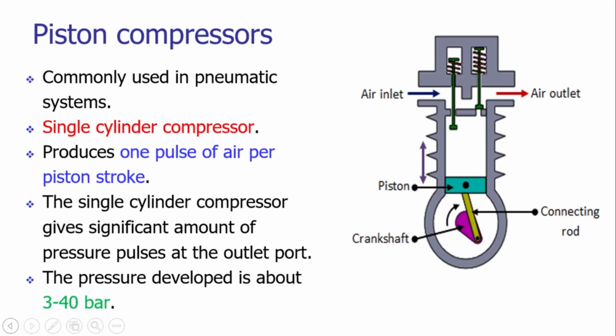Piston compressors are widely used in pneumatic systems. On your screen you can see a single cylinder compressor unit which is generating the compressed air. The construction is very simple. We have a cylinder bore, and that cylinder bore has the piston arrangement.